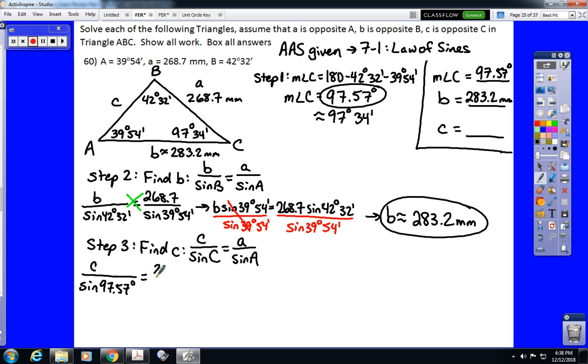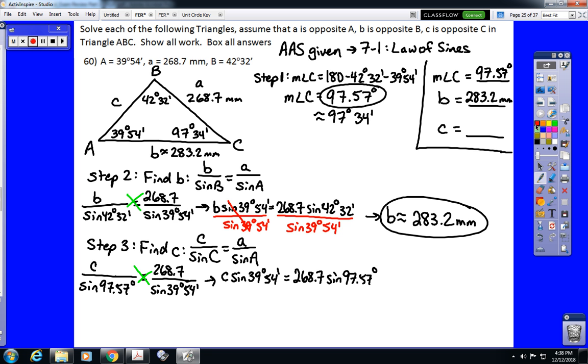Equals 268.7 divided by the sine of 39 degrees 54 minutes. And we're going to do the same steps we did in step 2. We're going to cross multiply, which is going to give us c times the sine of 39 degrees 54 minutes equals 268.7 times the sine of 97.57.